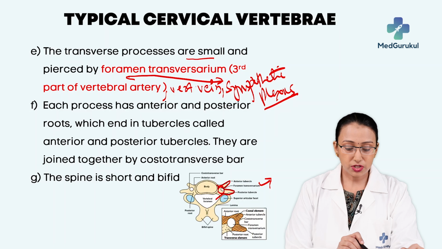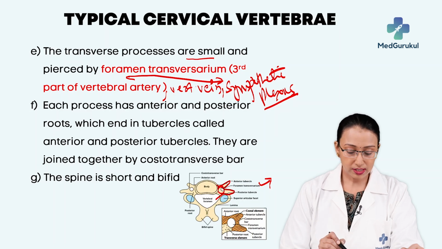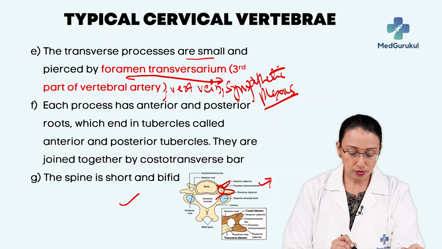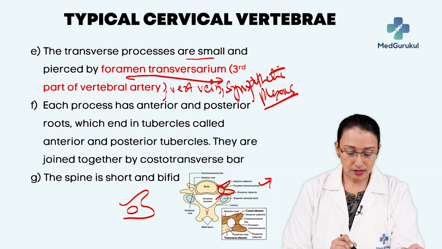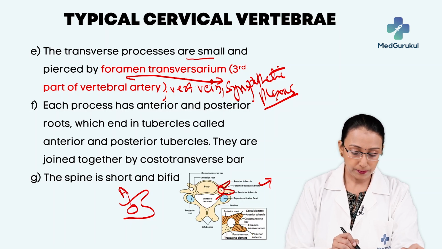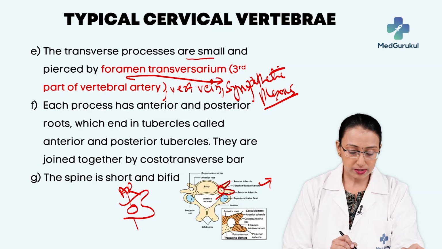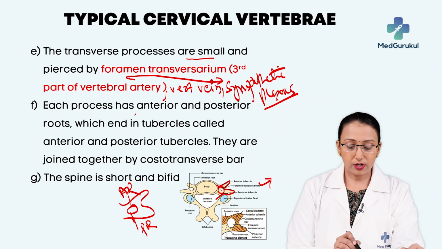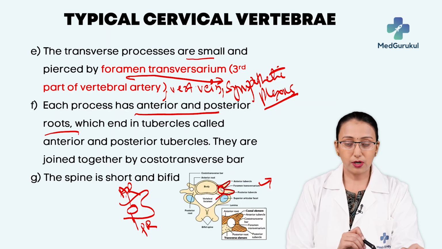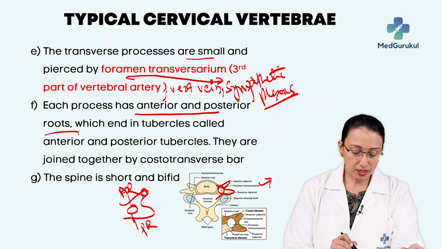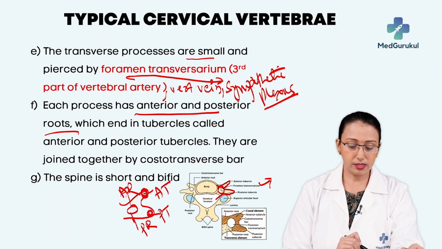Then each transverse process has an anterior root. So we can see here, this is the foramen, this will be called the anterior root, and this is called the posterior root behind the foramen. The anterior and the posterior roots end in tubercles, the anterior tubercle and the posterior tubercle.